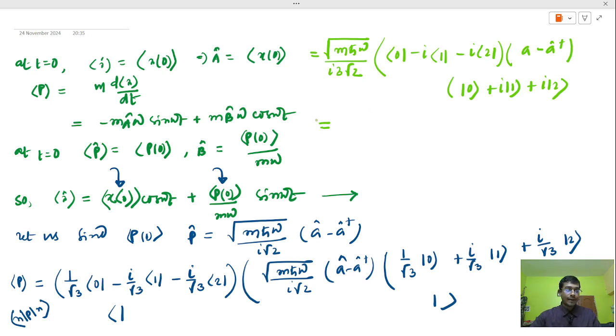Just multiply here, with a acting on n and a dagger acting on n, we would get the result.